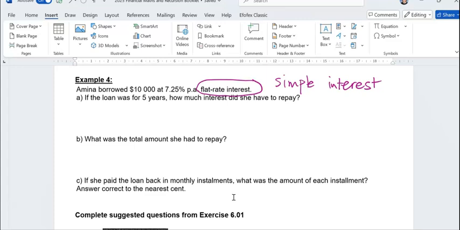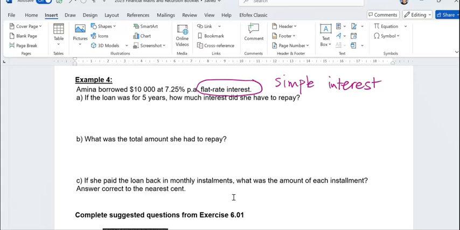It means exactly the same thing. So same formula, principal 10,000, rate 7.5, time 5 years. You can see our interest rate is per annum, our time is 5 years, so again no adjustments needed to the formula. You'll do the first two parts exactly the same as you would with example 3.